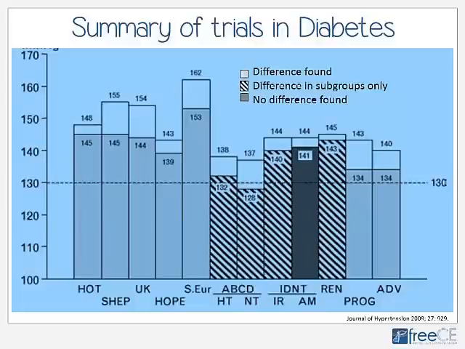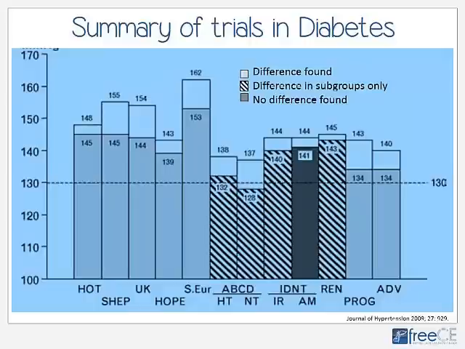The dotted line going horizontally is the 130 systolic goal that we have had for patients with diabetes for many years. The bars that are light gray mean there was a statistical difference found in the trial between the two groups. In the bars with the stripes, there was a difference in subgroups only, and in the solid gray bars, there was no difference found.